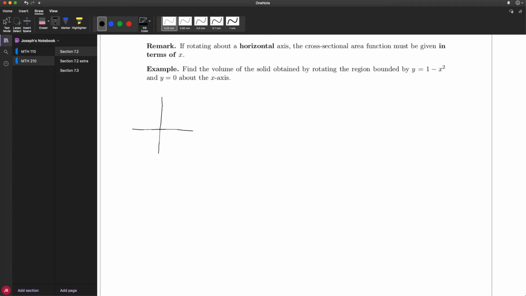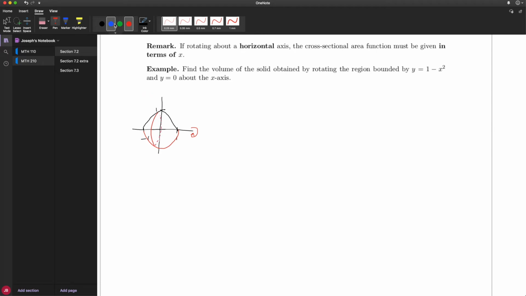So in fact, if this is height 1 here, and this is x value 1, this is x value minus 1, we're going to get something like this. Okay, just kind of bear with me on the picture here. And then when we rotate it about the x-axis, we'll get something like that with a cross-sectional disk, I think we see. Right.